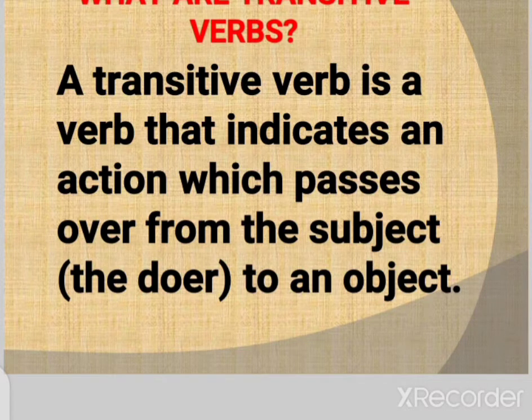A transitive verb is a verb that indicates, denotes, or signifies an action which passes over from the subject to an object. When it passes over, it is called a transitive verb.